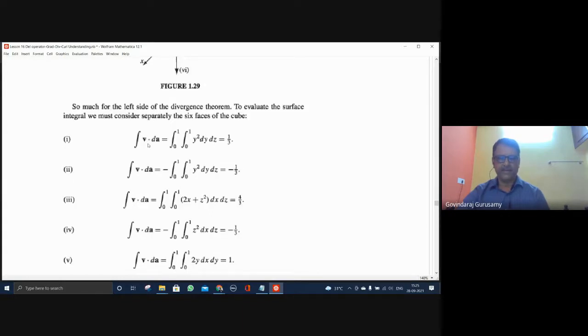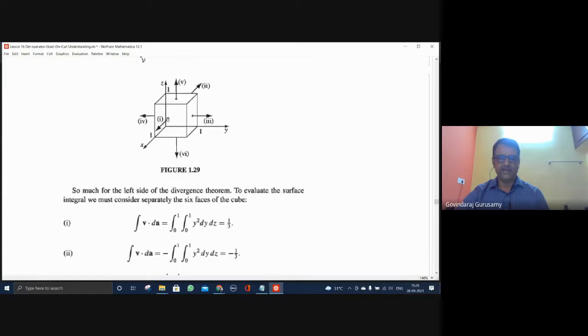So v dot dA for the x direction surface area element has been considered and it's over. Then come to the third one, along the y direction, and this surface element is dx and dz. This is the z direction, and this is your x direction. In perpendicular terms, that is this y direction.